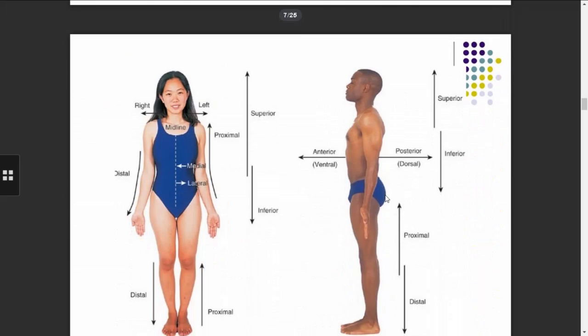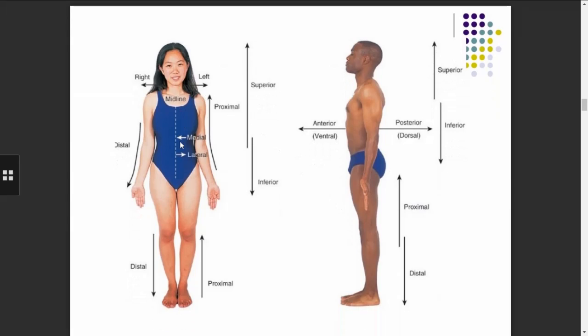Now we will define this terminology on the human body. First, this is the midline structure. If we go toward the midline, we call it medial terminology. Away from the midline is lateral terminology. This is the proximal. If we go away from the origin, we call it distal.